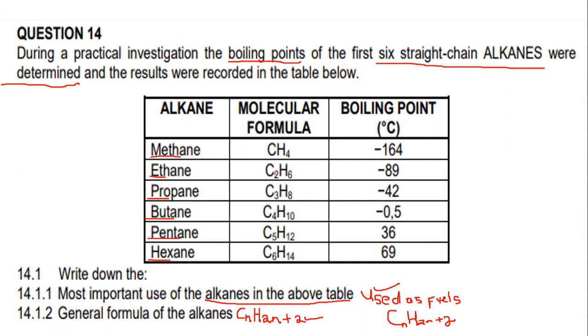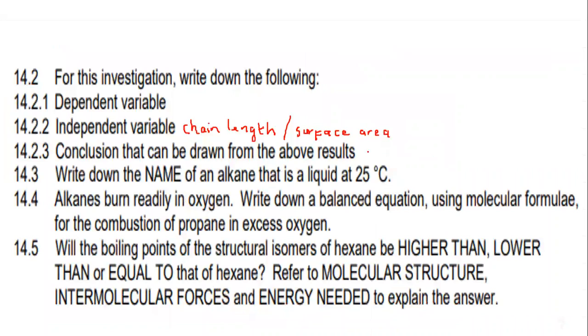Now, what is the relationship here between the independent variable, which is the chain length, and the dependent variable, which is the boiling point? I can see that an increase in chain length results in an increase in the boiling point. Or simply put, the longer the chain length, the higher the boiling point. So our answer there is the longer the chain length, the higher the boiling point.